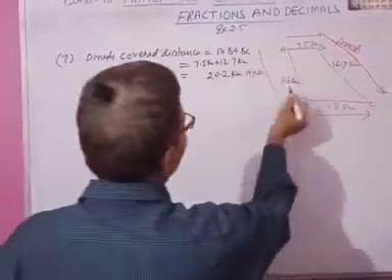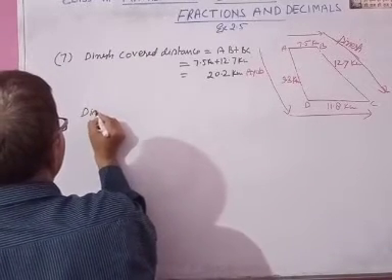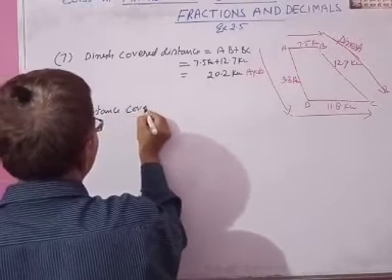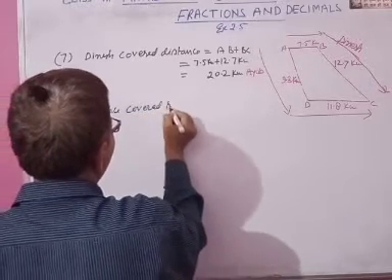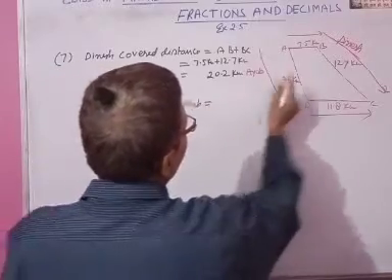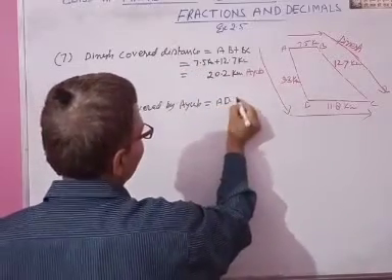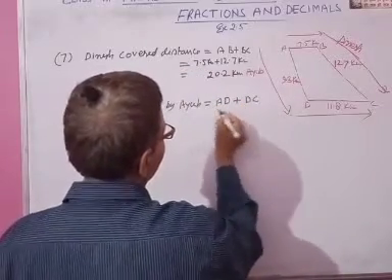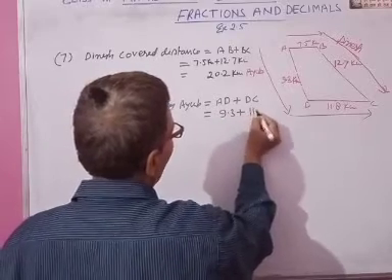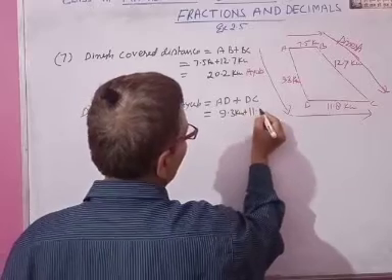And Ayub covered distance, distance covered by Ayub equal to AD plus DC. That is 9.3 kilometer plus 11.8 kilometer.